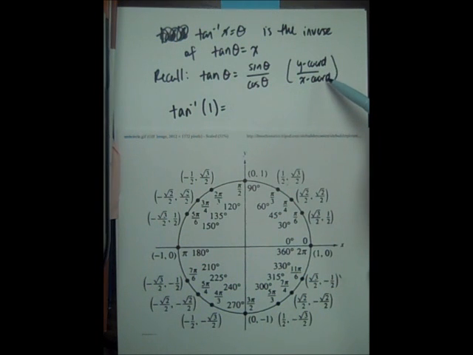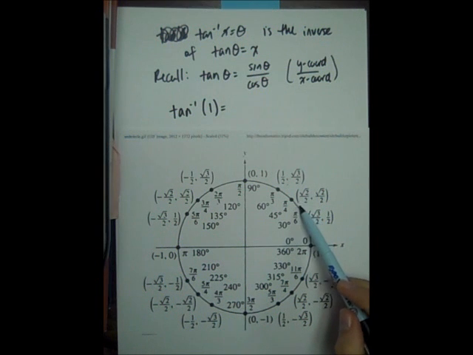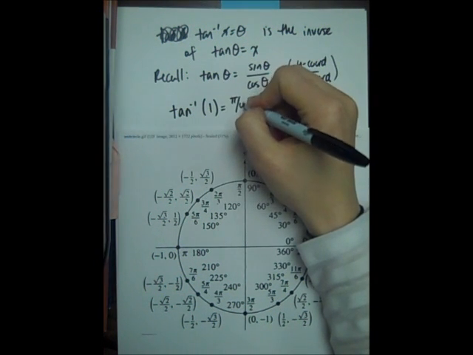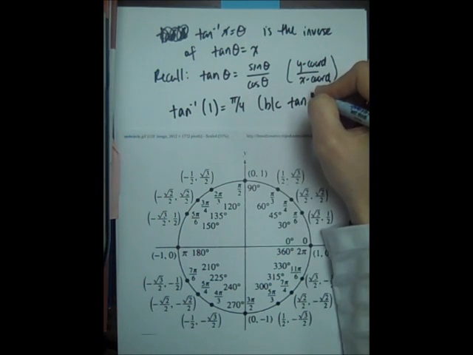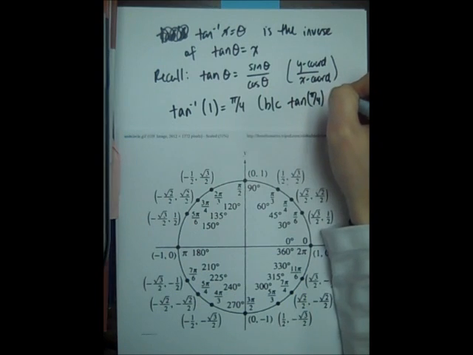If the y-coordinate over the x-coordinate is 1, that means they have to be the same. So where on the right-hand side do I have that the x and y-coordinate are the same? That would be here. Whenever I divide these two, I'm going to get 1. So this is pi over 4. And that's because tangent of pi over 4 is 1.